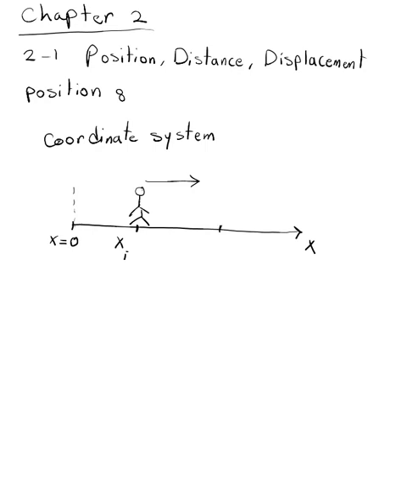Let's say that he moves here to xf. So this is the final position of my person. Now, because the positive direction I set it up to be to the right, then it follows that xf is greater than xi.